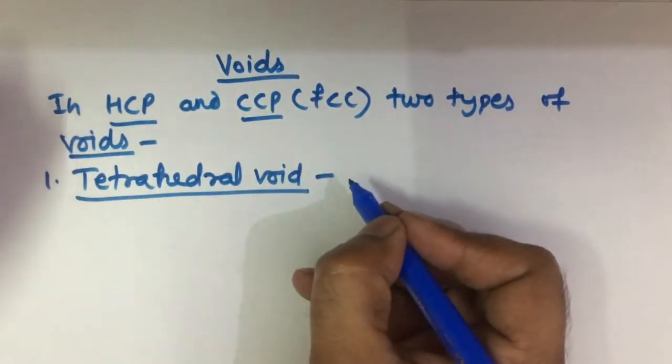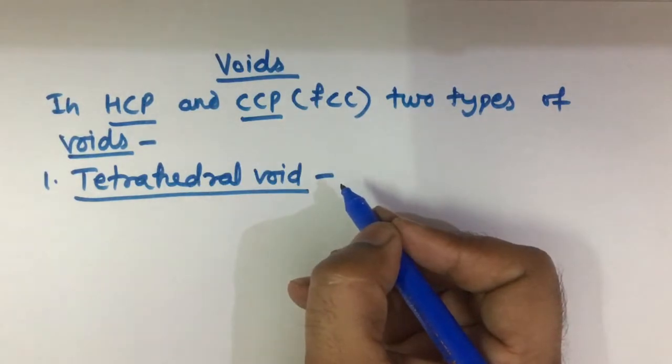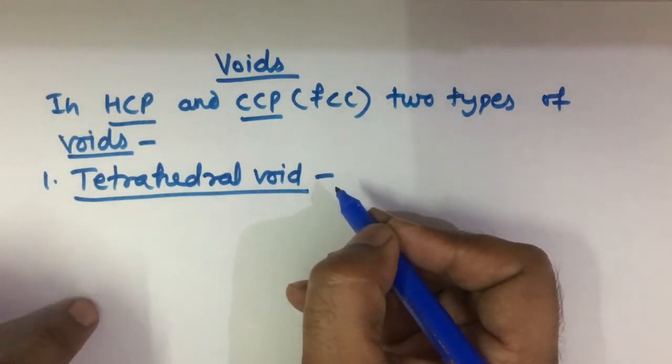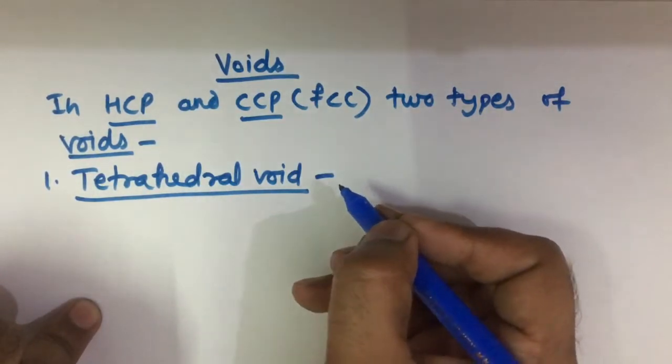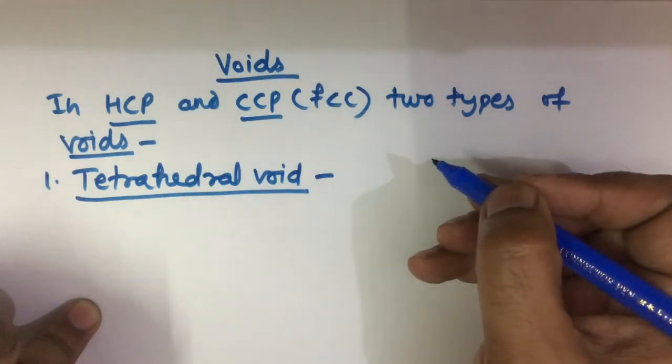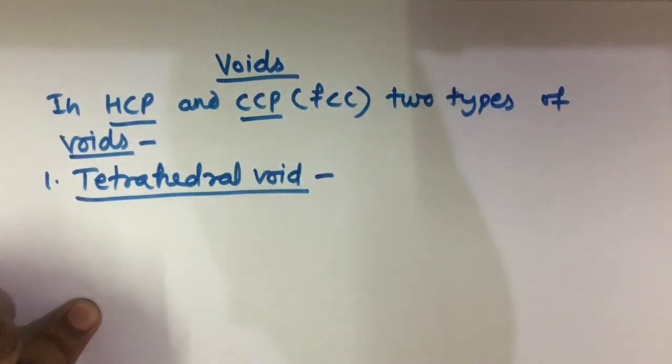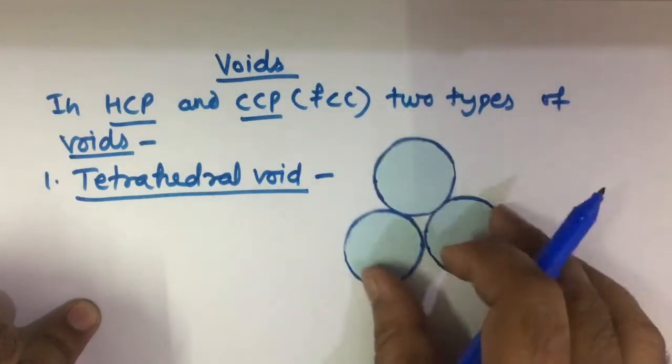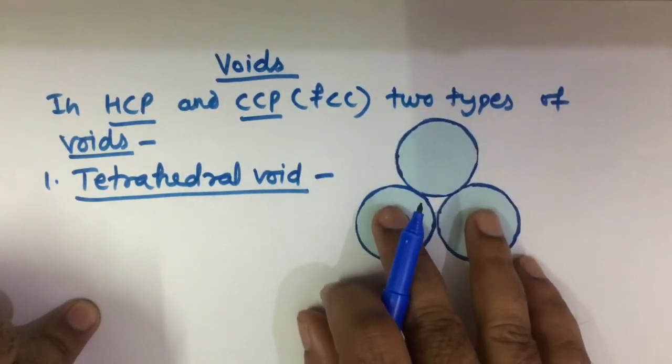void. Now, tetrahedral void is formed when one sphere is placed over three plane triangular spheres. So these are the three plane triangular spheres.